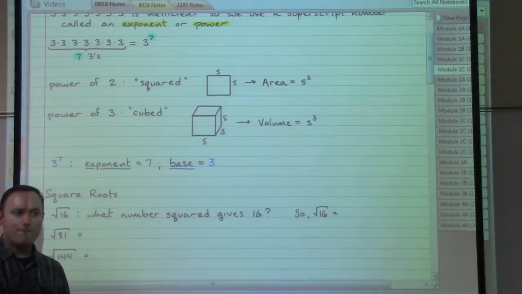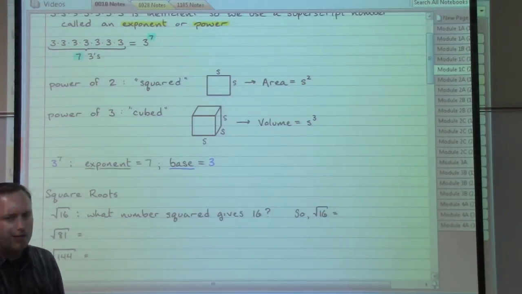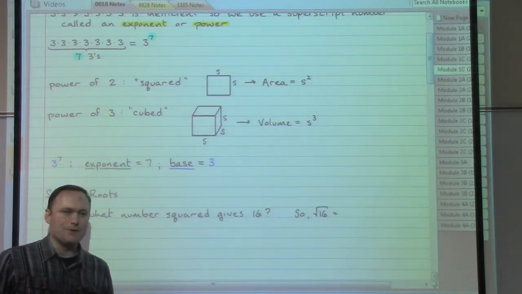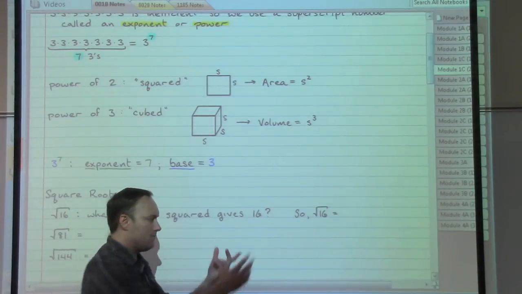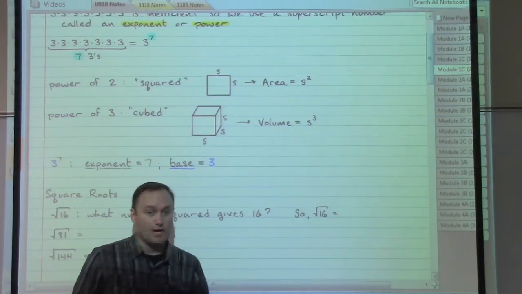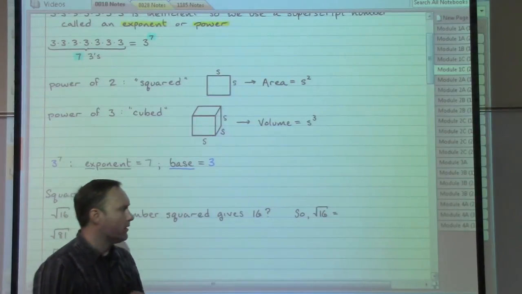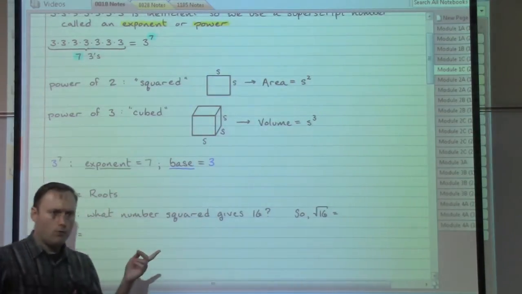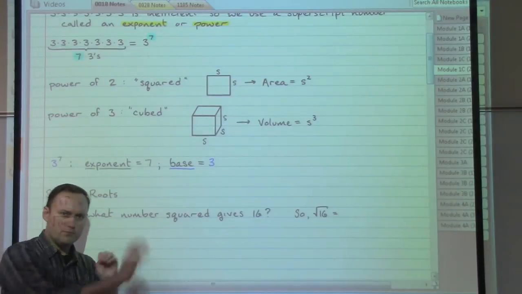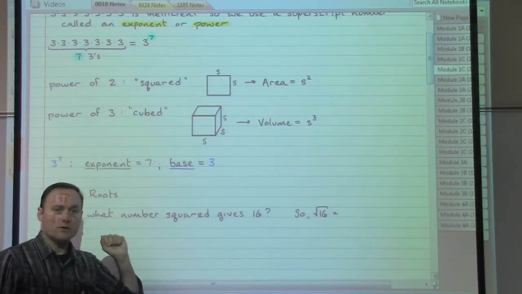We could say blank times blank equals 16, but we have to have a side note there that when you fill in the blanks, you've got to have exactly the same number. So blank times blank gives you 16, but the same number goes in each blank. Well, 2 times 8 doesn't work, 1 times 16 doesn't work, 4 times 4 works, or 4 to the power of 2, 4 times 4, 4 to the 2nd power, 4 squared.